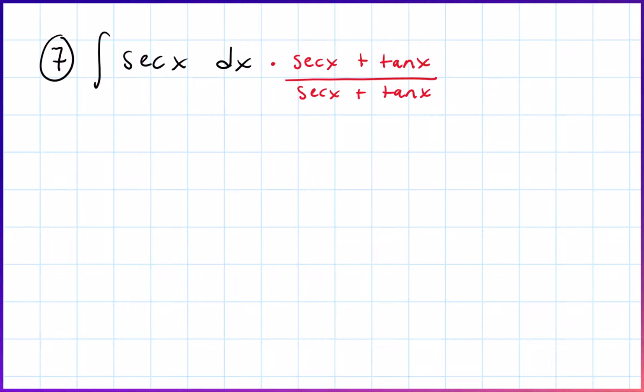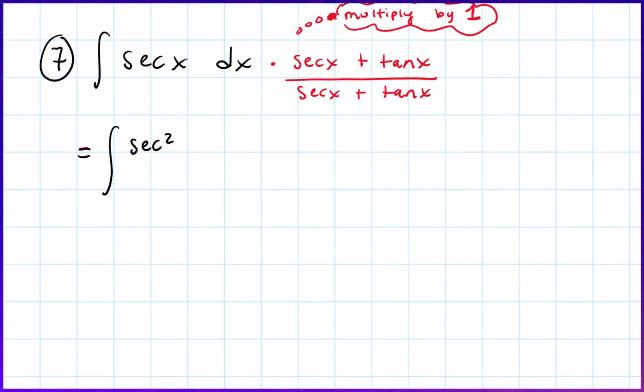This is, again, that multiply by 1. I'll make the 1 look kind of fancy. This is the strategy that we're working here. We're multiplying by a fancy 1. So why would I do that? Well, look at what happens when I do that. On the top, this becomes the secant squared of x plus the secant of x times the tangent of x.